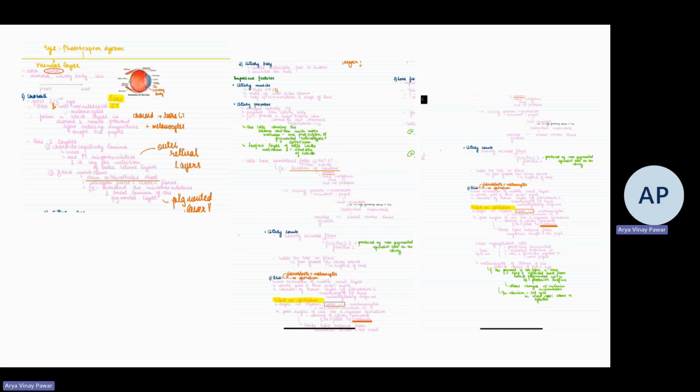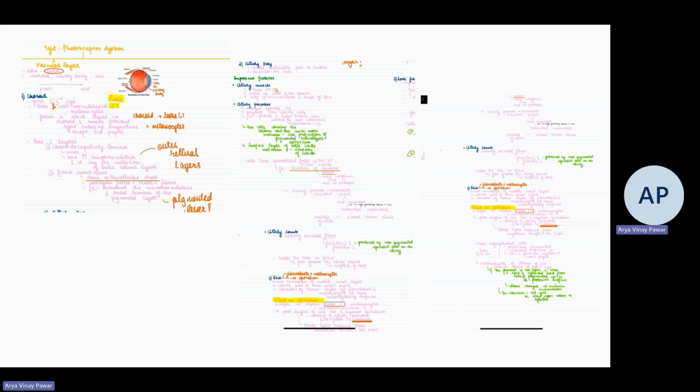The choroid, as we talked about, is the posterior two-thirds of the eye. It is loose connective tissue, and it has melanocytes. The easiest way to describe the choroid in a line is that it is loose connective tissue with melanocytes. We know melanocytes are pigment producing cells.